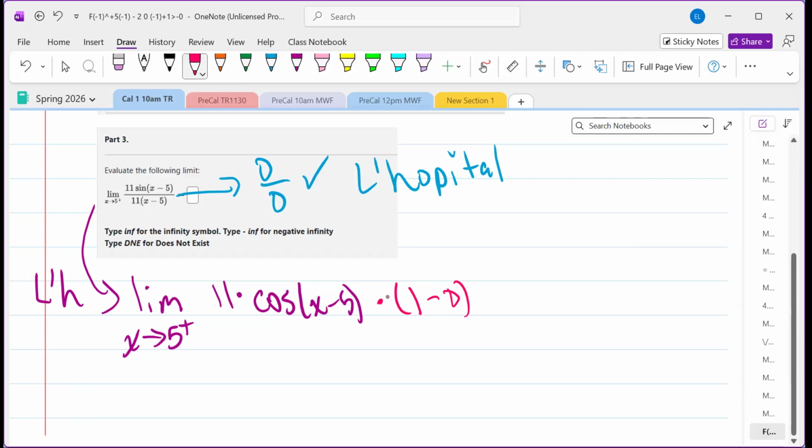So with my chain rule, we end up with a times 1, which you don't even have to write. On the bottom, I have 11 times the derivative of x minus 5, which is 1 minus 0. So I end up with just 11.